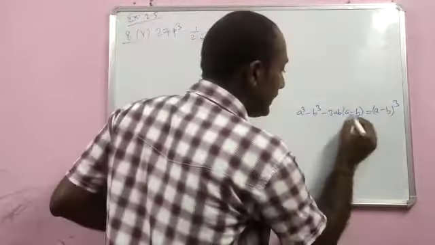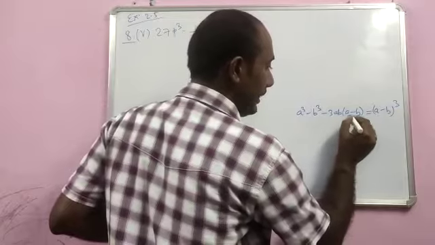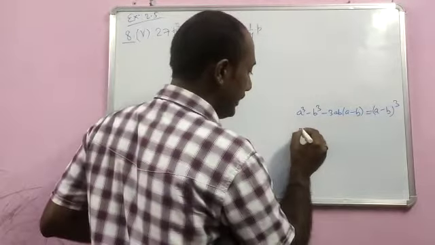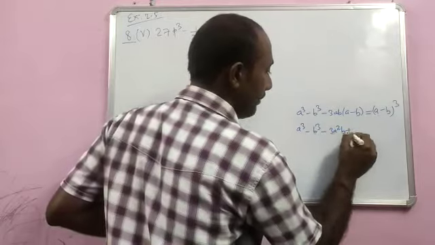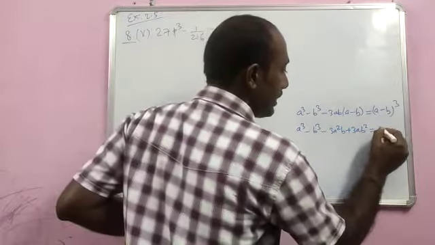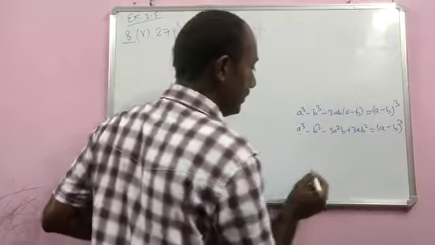If you split this part, if you multiply them by (a minus b) and minus 3ab, you will get a cube minus b cube minus 3a square b plus 3ab square is equal to (a minus b) whole cube.